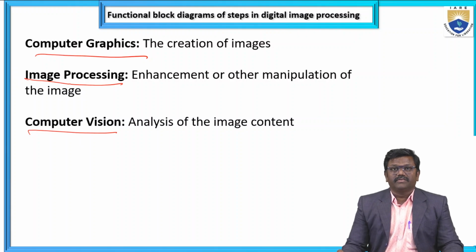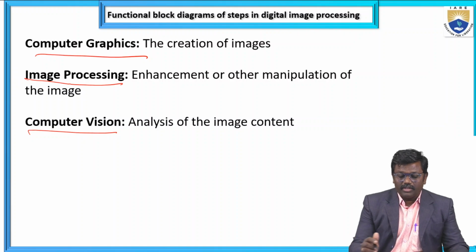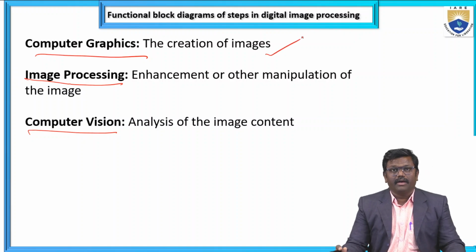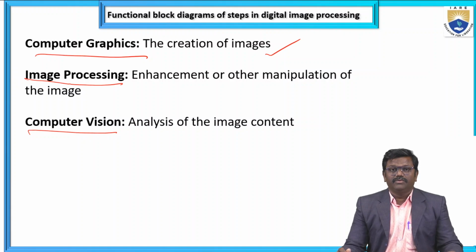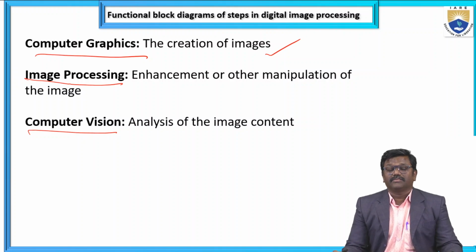Computer vision is when we concentrate on the enhancement of concepts from one to another. Let us take the creation of images, which is considered under computer graphics. The creation of images means we use some graphics to create the required frames of images.